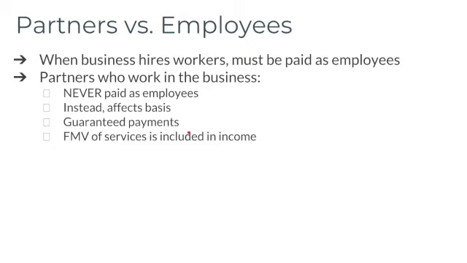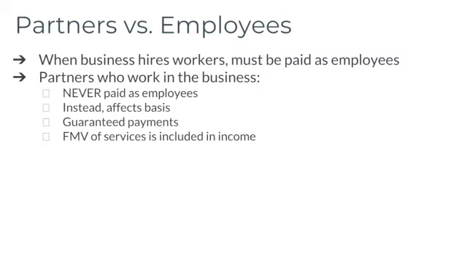Guaranteed payments cannot be based on the revenue of the business. That's really the big qualifier. They have to be determined in advance, set payment, and not based on the sales of the business, because that's essentially getting a percentage of sales, which is just getting your partnership interest.